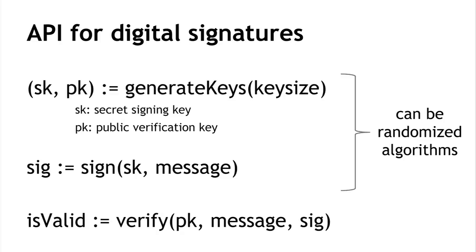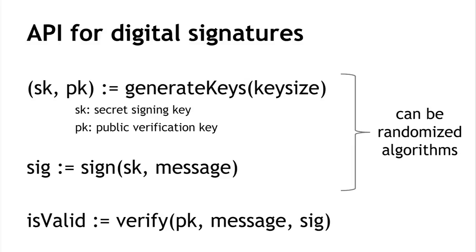The second operation is the sign operation. You take your secret signing key and some message that you want to put your signature on, and it returns sig, which is a signature, just some string of bits that represents your signature. The third operation is verify, which takes something that claims to be a valid signature and verifies that it's correct.